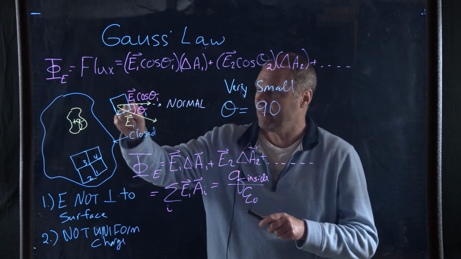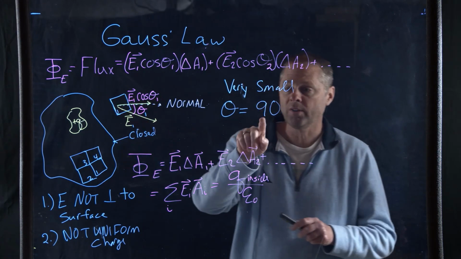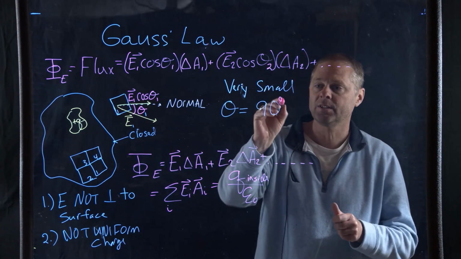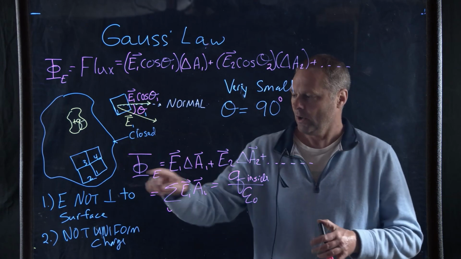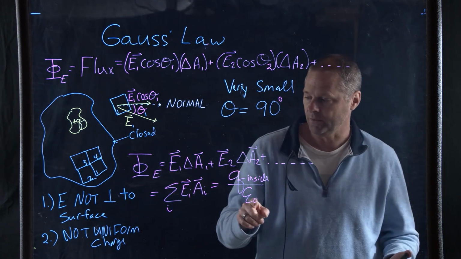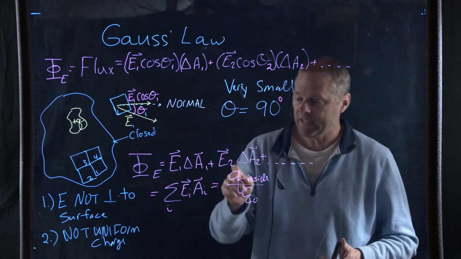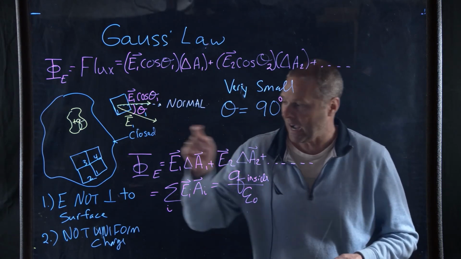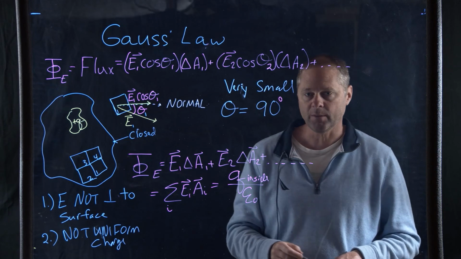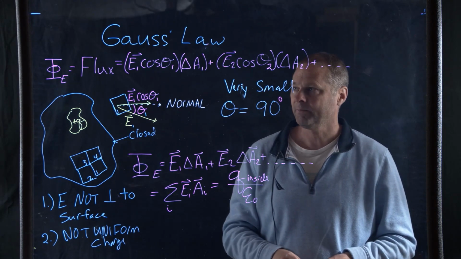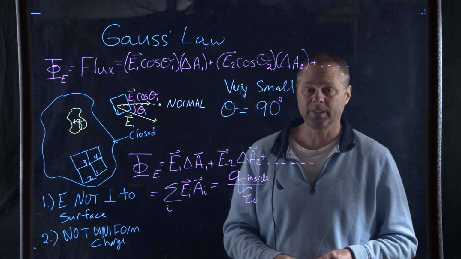We then made the surface so small that the angle was 90 degrees. We summed over all those different surfaces, and found that it is equal to the charge on the inside divided by the permittivity of free space. It really simplifies a very difficult problem.